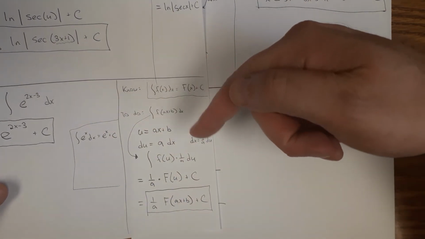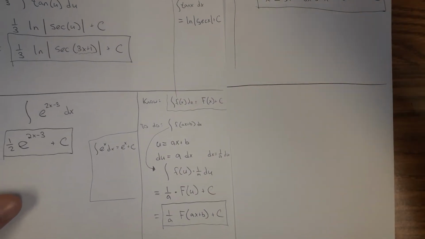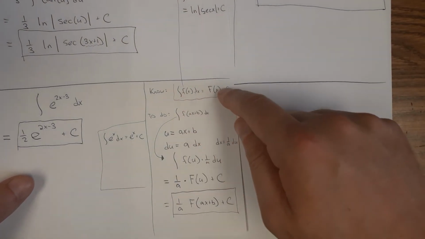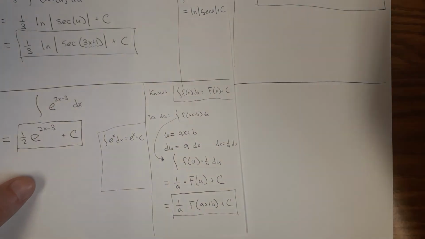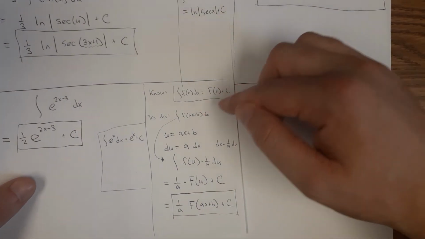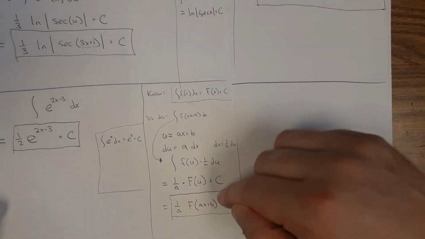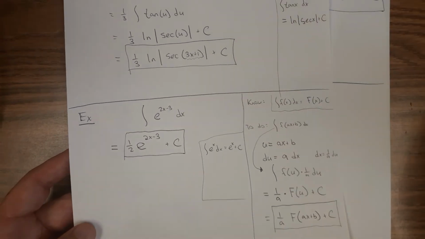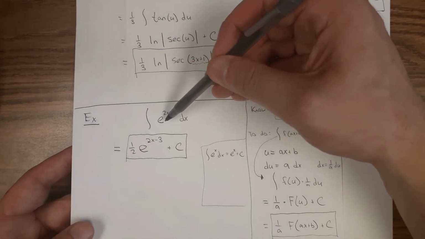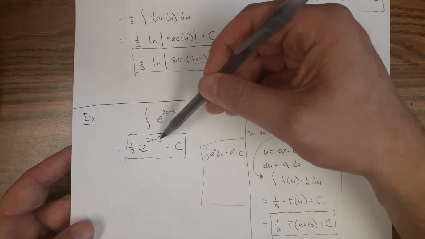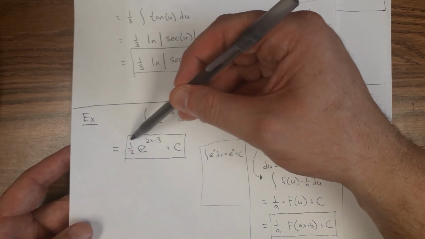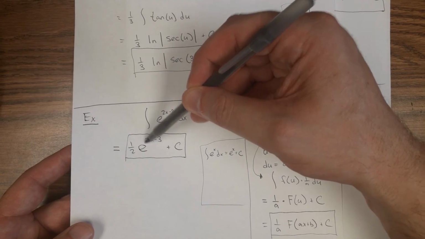This is from the u substitution notes. If you know an antiderivative, and I want to do a slightly different antiderivative like this, then I can do it. For example, antiderivative of e to the 2x minus 3 is just e to the 2x minus 3, but I have a 1/2 in front because of this 2.